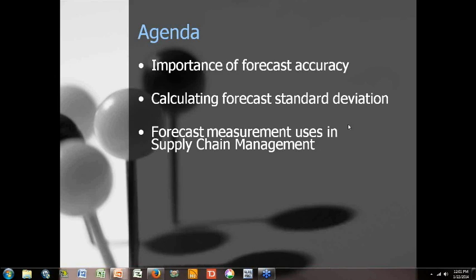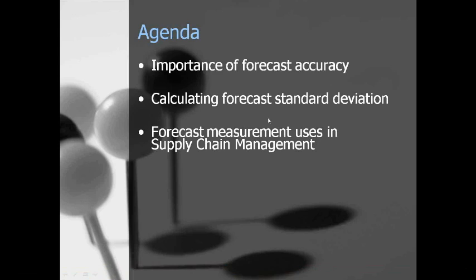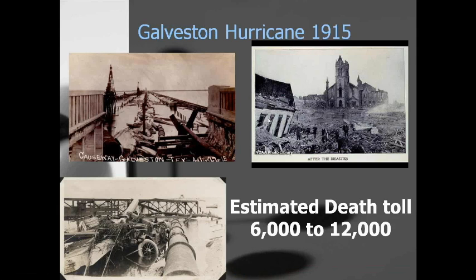So, why is it important to constantly monitor forecast accuracy? Back at the turn of the 20th century, a hurricane hit Galveston, Texas in 1915. And as you can see from some of these archived pictures, the devastation was very dramatic, very severe.